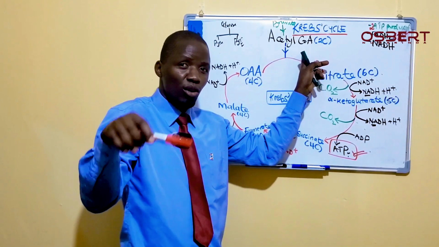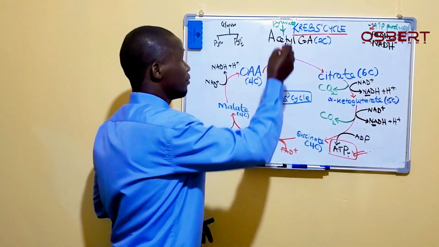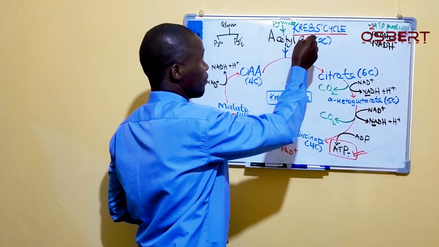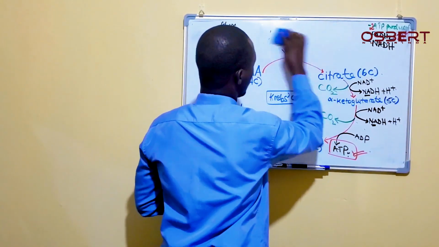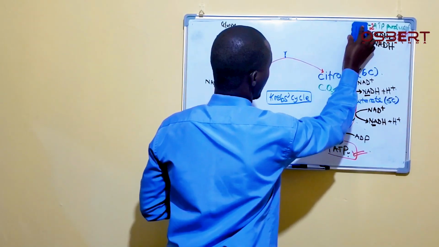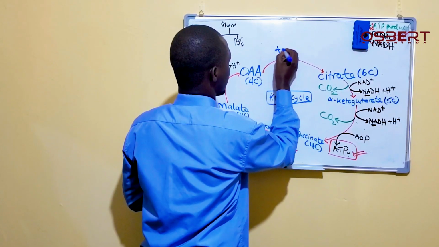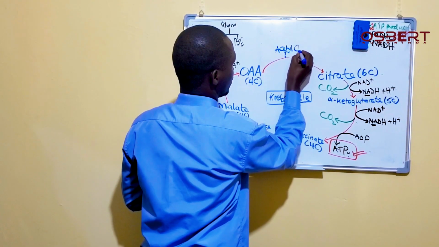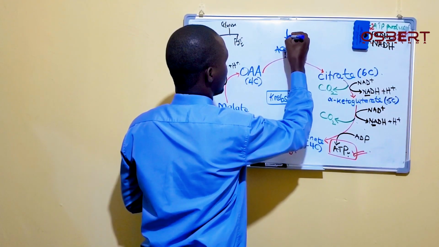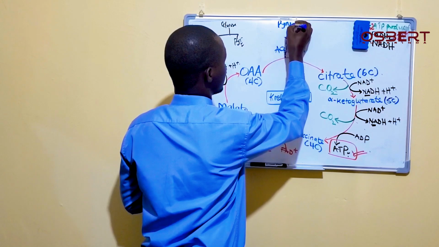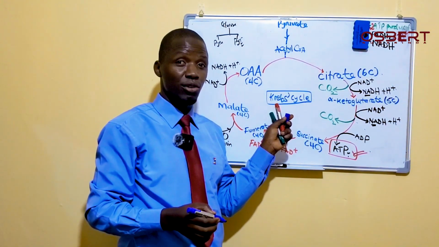However, if you go to one of the previous videos, when we were looking at the link reaction, where pyruvate was turning into acetyl CoA, remember, we were still in the matrix of the mitochondrion.